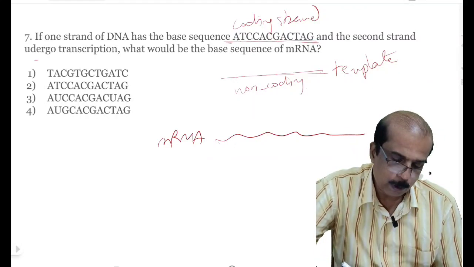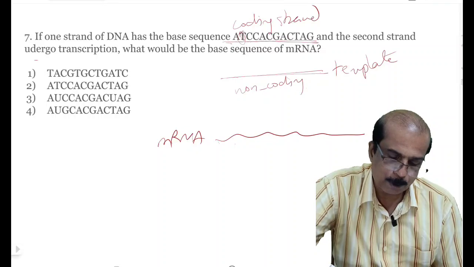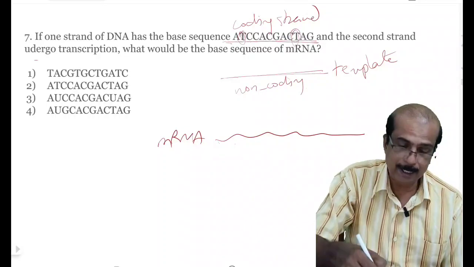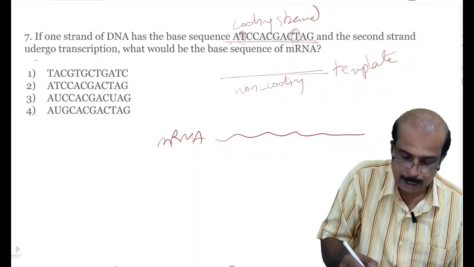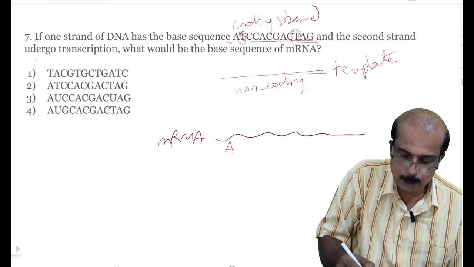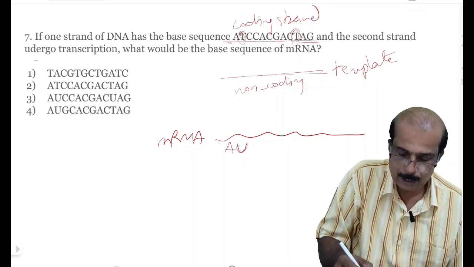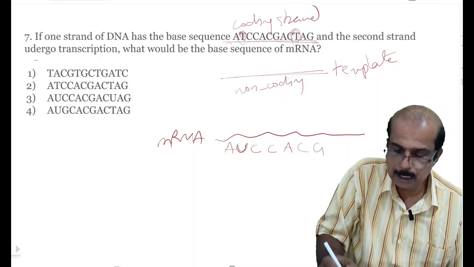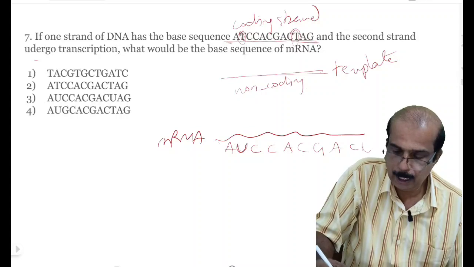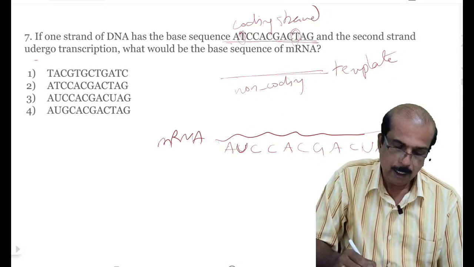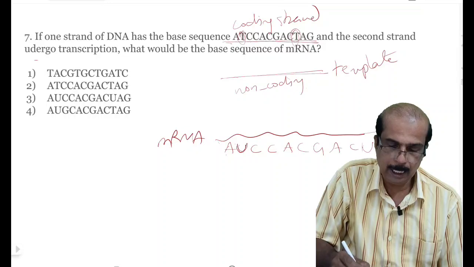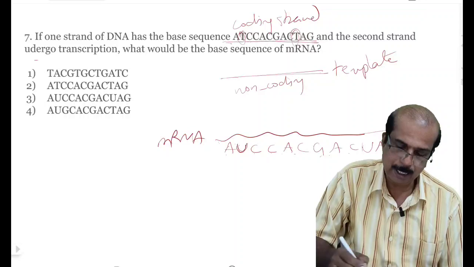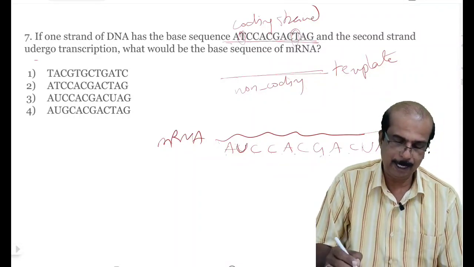Please note the position of thymine in the coding strand. You can write the nitrogen-based sequence of mRNA directly from the coding strand: A, U, C, C, A, C, G, A, C, U, A, G. This is the nitrogen-based sequence of mRNA.